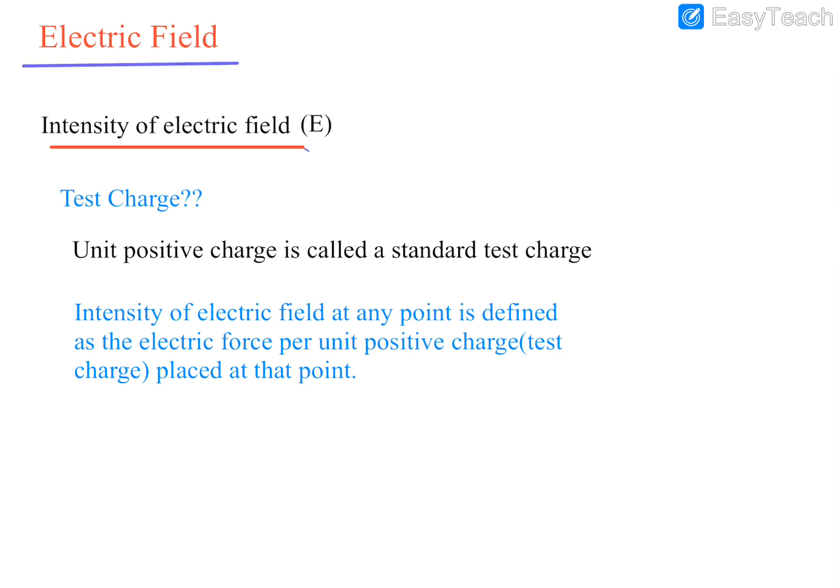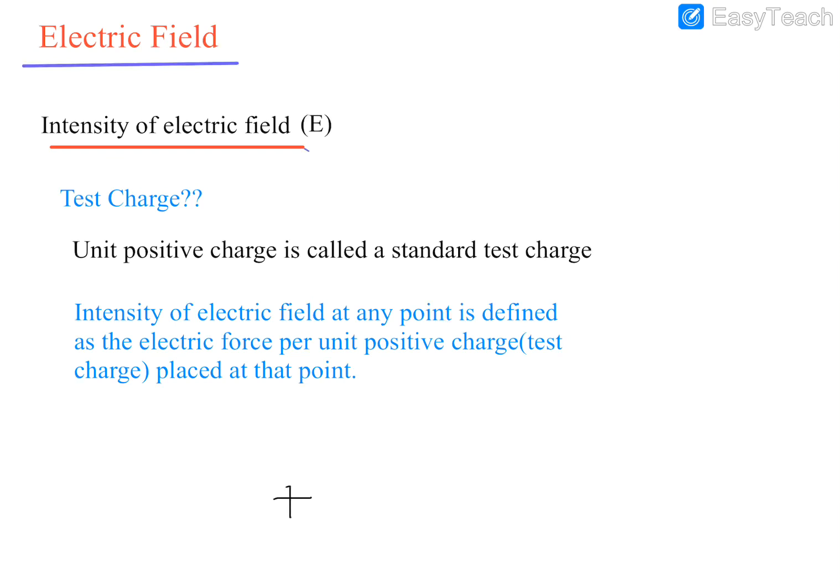Okay, so intensity of electric field at any point, you can simply find it by finding how much electric force is acting on a unit positive test charge placed at that point. Okay, let us see an example.